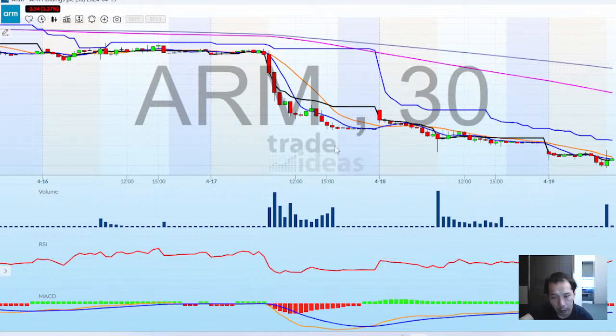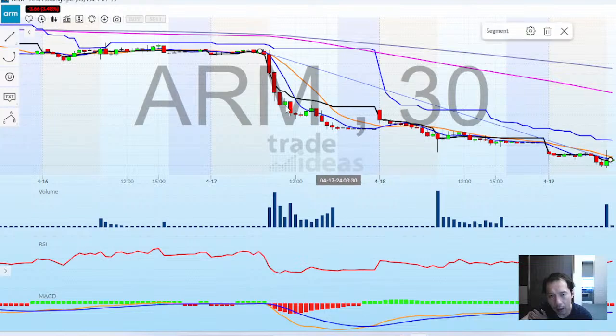We're seeing this increase in volume, just on a sell-off here, for the past few days.